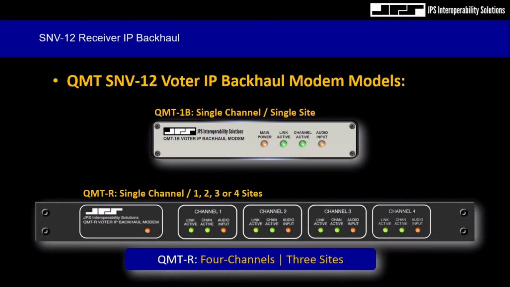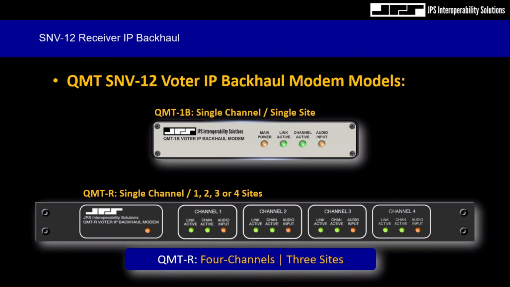We offer a QMT-R, which is a rack-mountable IP backhaul modem that will support up to 4 channels per site. The QMT-R can be ordered with 1, 2, 3, or 4 installed modems. This is certainly a better way to be space and power efficient than deploying discrete QMT1B modems.